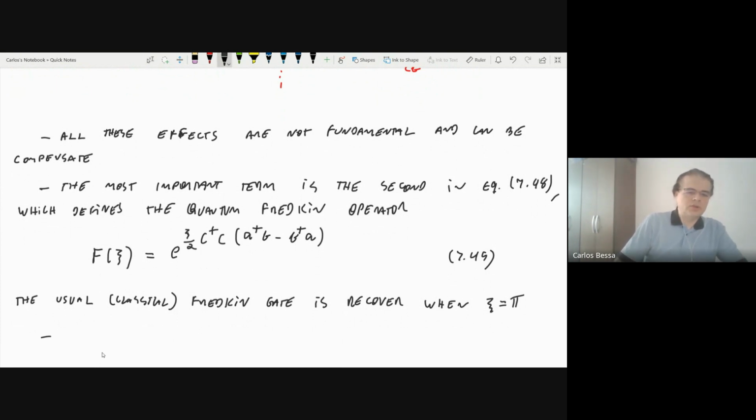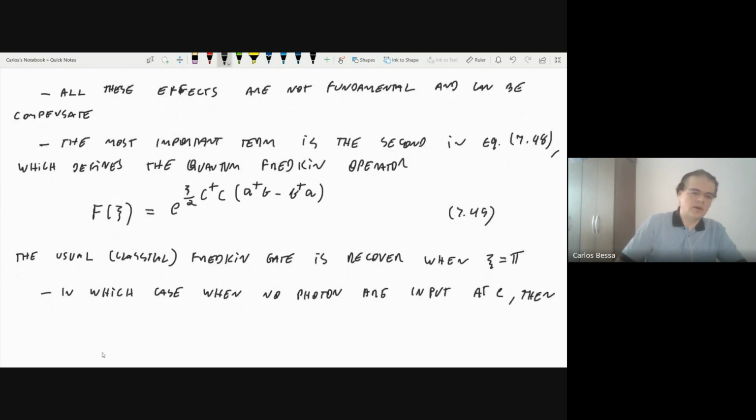And important to see in which case: when no photons are input at C mode, then nothing happens.